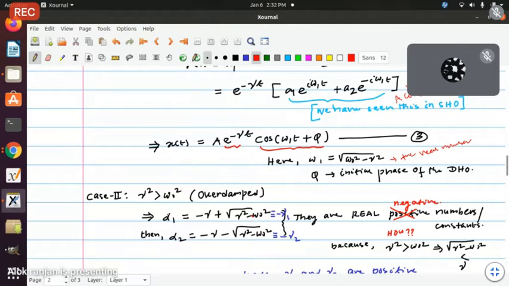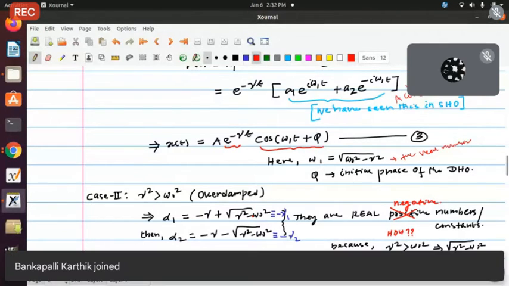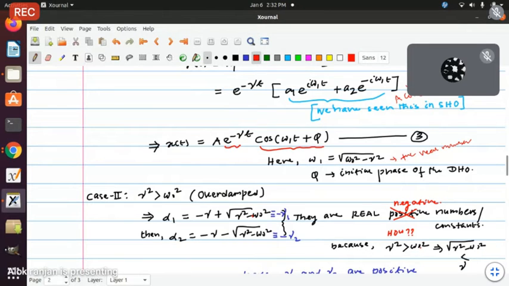So at least we know that the alphas are real. But are they positive real numbers or negative real numbers? How will we know? Both of them will be negative real numbers. How? Since gamma square is greater than omega naught square, the square root of gamma square minus omega naught square must be less than gamma. Yes or no?